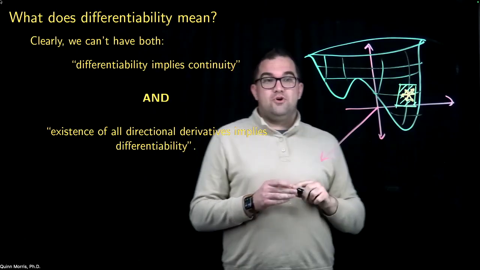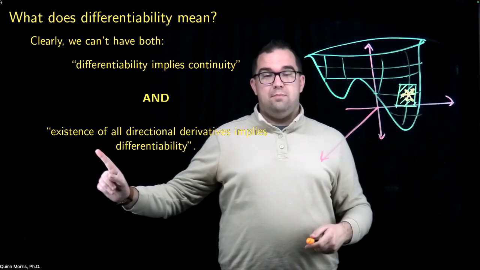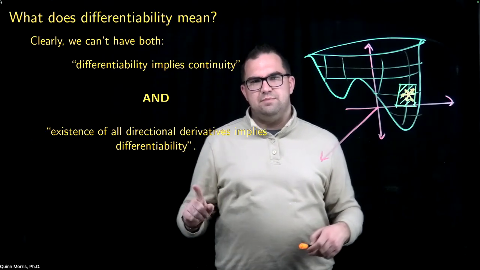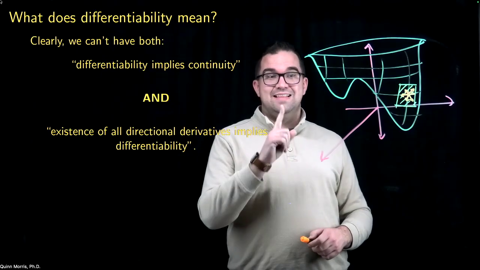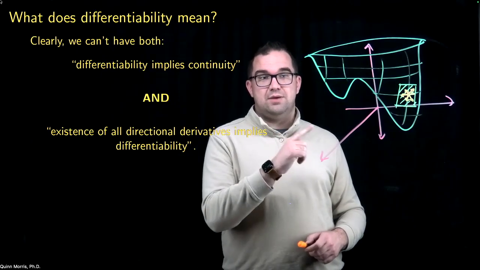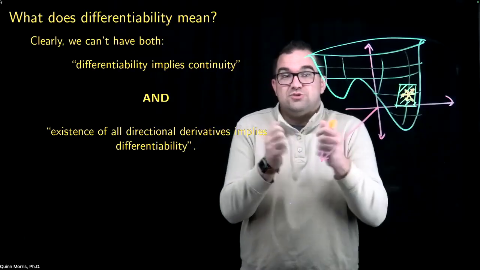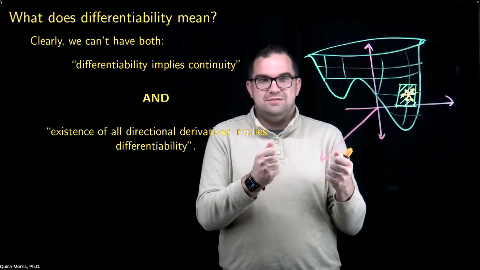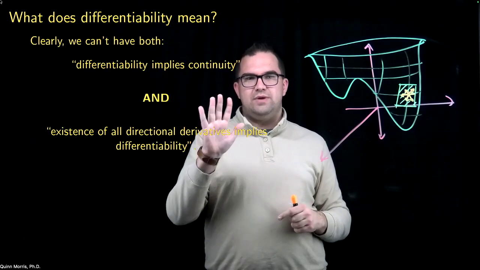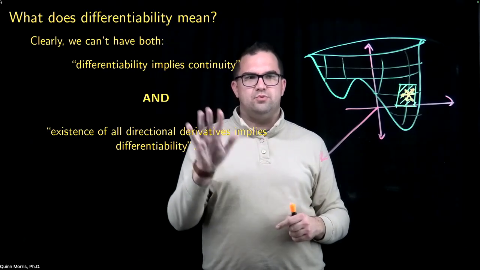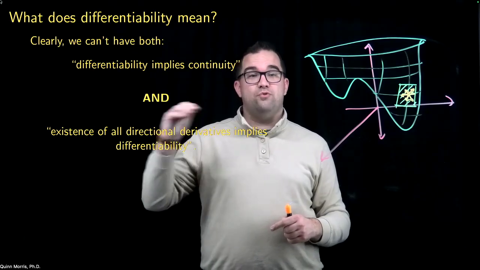Now, if you go back to that formula about the directional derivative that didn't seem to be working, that formula assumes linearity, a linear relationship between the directional derivatives. That's why that formula works. But in the previous example, we don't have differentiability, so we don't have any linear relationship between the derivatives. That's why that formula didn't work.